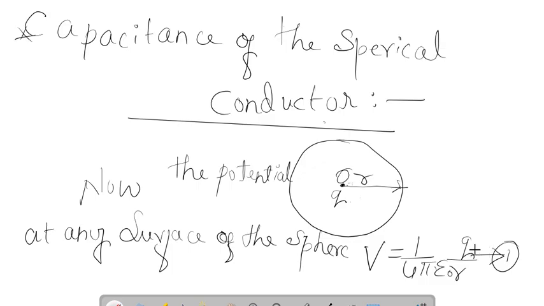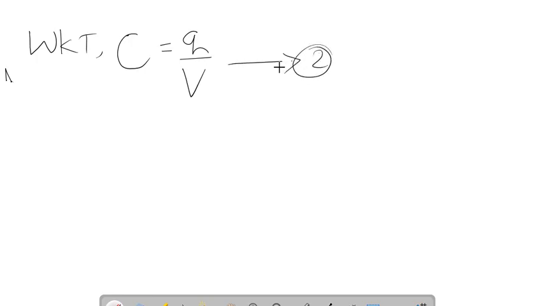This is the potential at any surface of the sphere. This is equation number 1. Now we know that the capacitance of the capacitor is given by Q divided by potential. This is equation number 2.